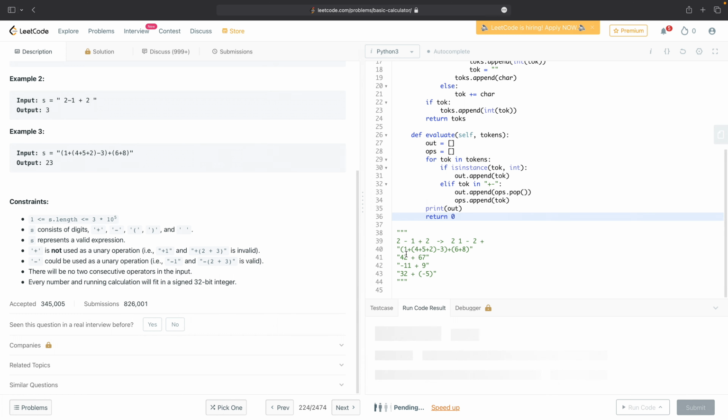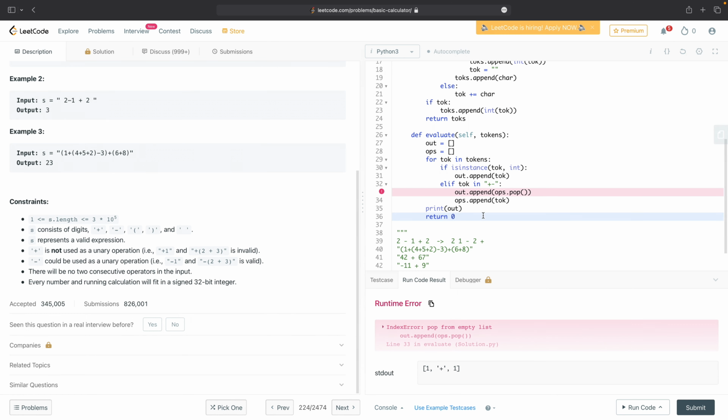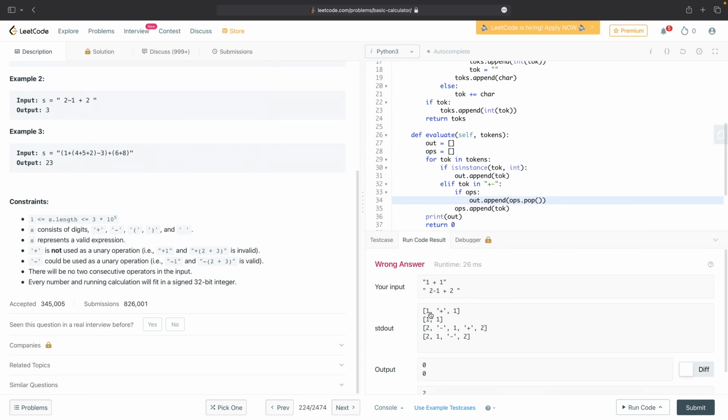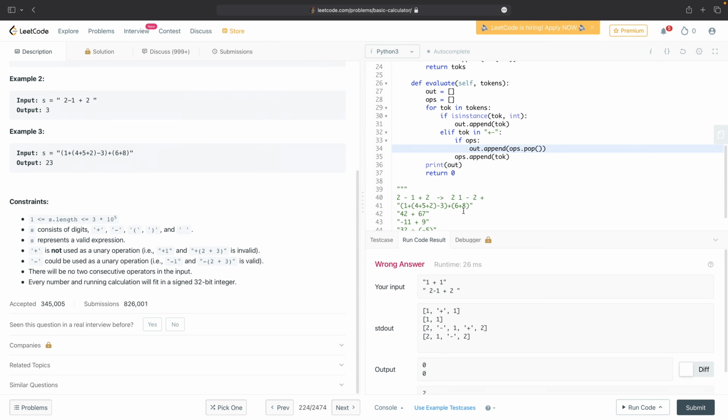The nice thing is, if we're going to this reverse Polish notation, pop from empty list. Oh. Oops.